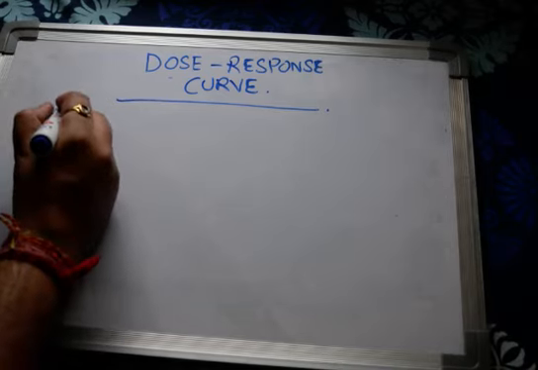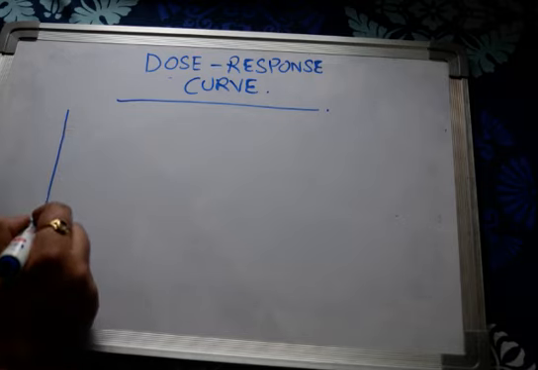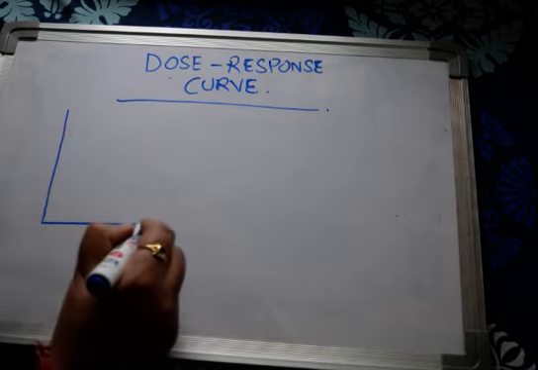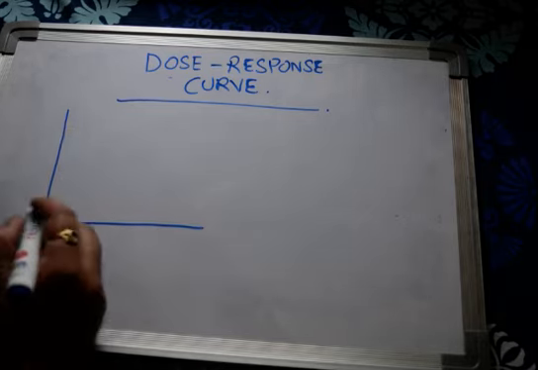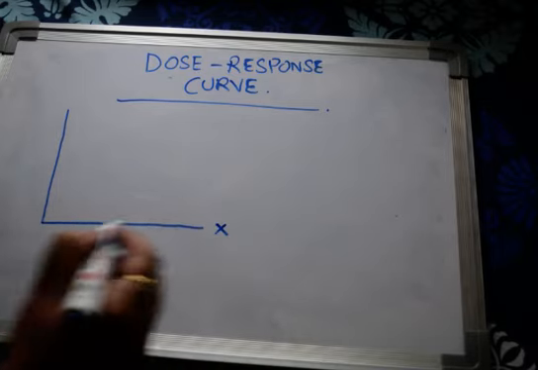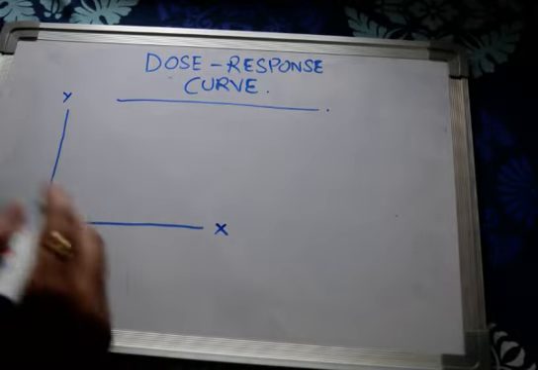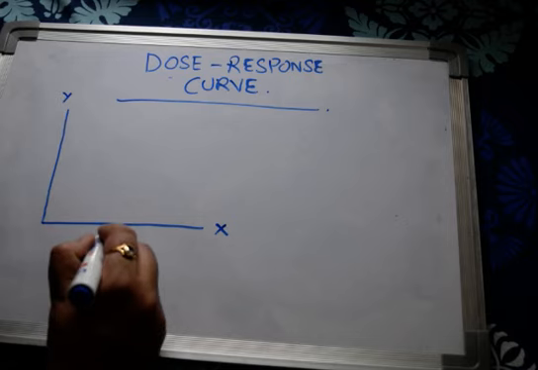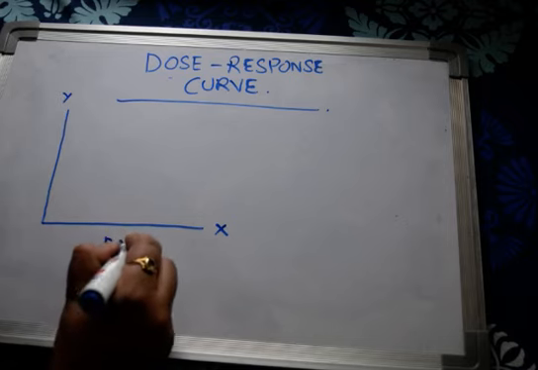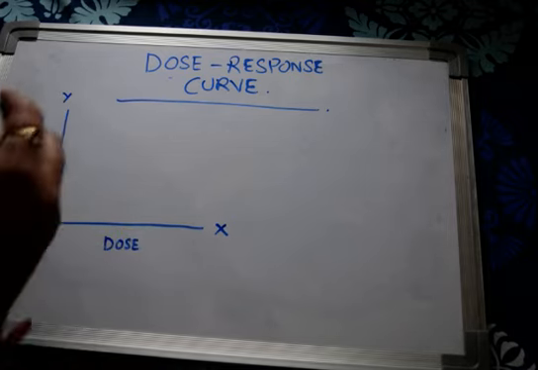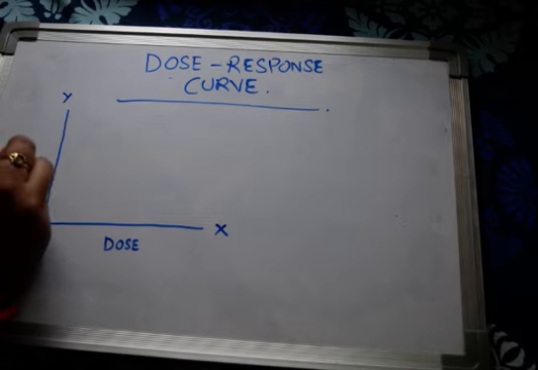So if I have this graph paper, this is the x-axis, this is the y-axis. On the x-axis we plot the dose, okay, and on the y-axis we plot the response.